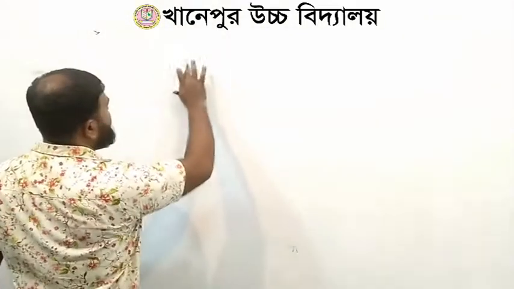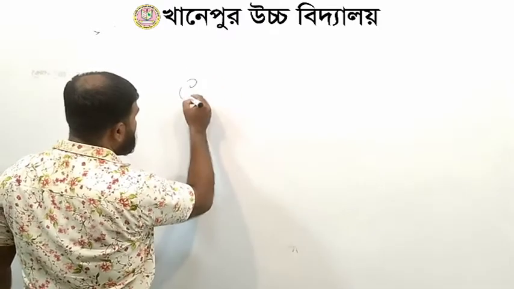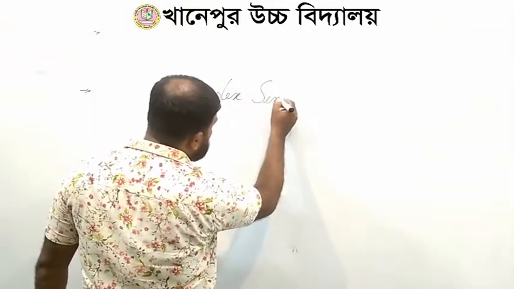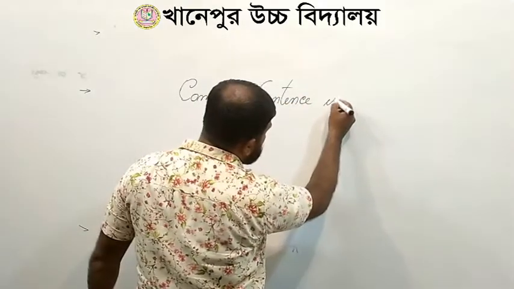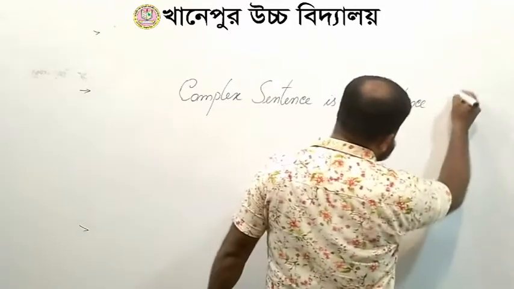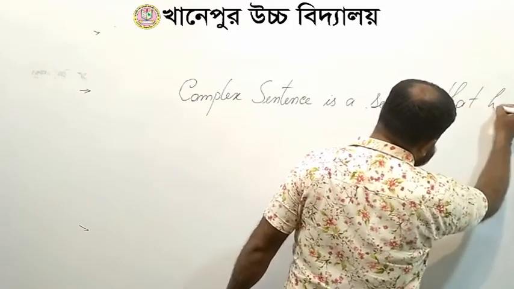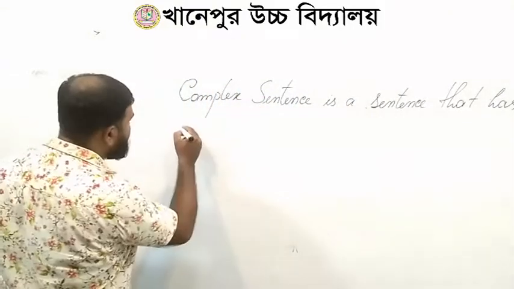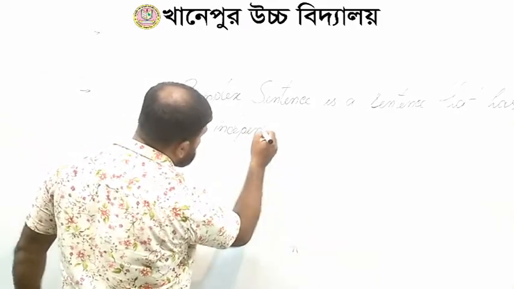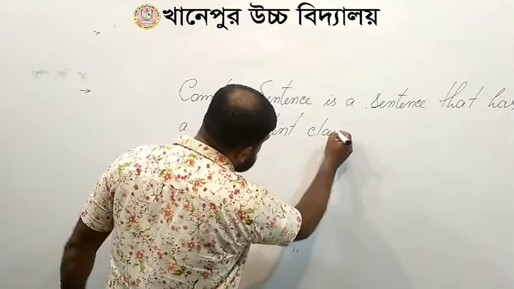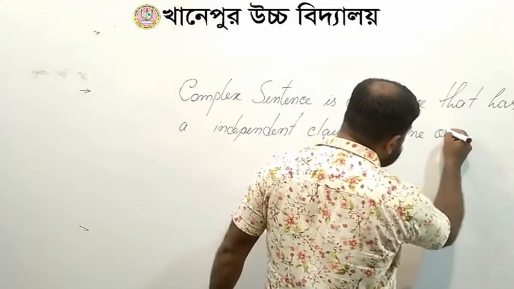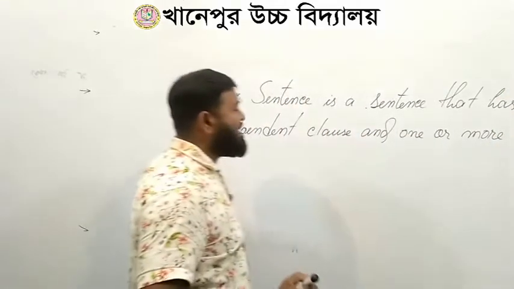A complex sentence is a sentence that has an independent clause and one or more dependent clauses.